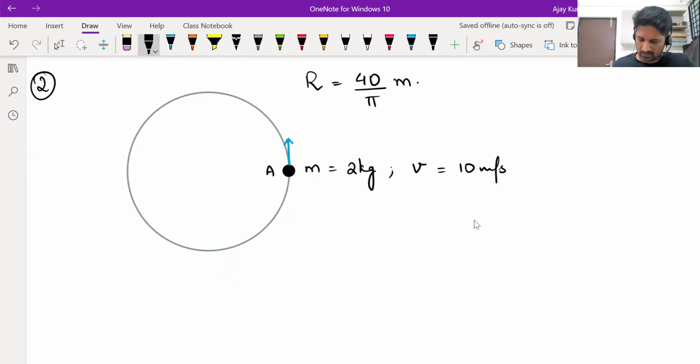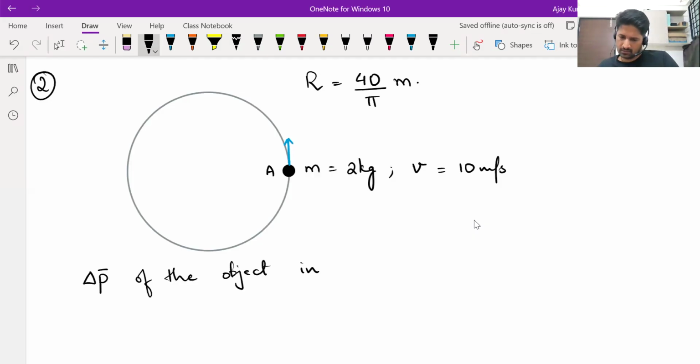I want you to calculate the change in momentum of the object in, let's say, 2 seconds. Okay, yeah. Calculate change in momentum of the object in 2 seconds. So one of you tell me the steps that you will have to take to answer this.